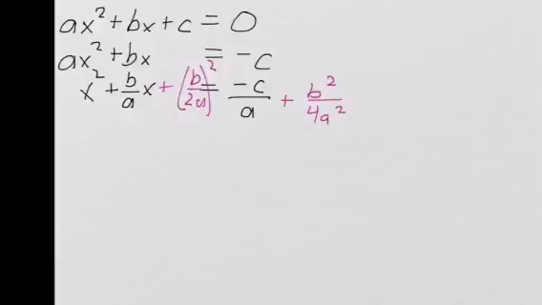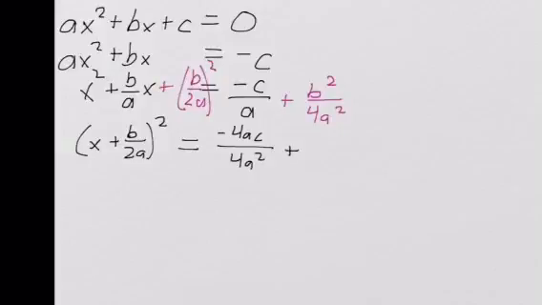And now, I'm going to go ahead and factor the left-hand side. That's going to be x plus b over 2a squared equals, I'm going to go ahead and get a common denominator, so that's going to be 4a squared, so it's going to be minus 4ac over 4a squared plus b squared over 4a squared.